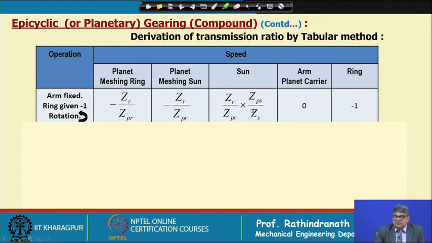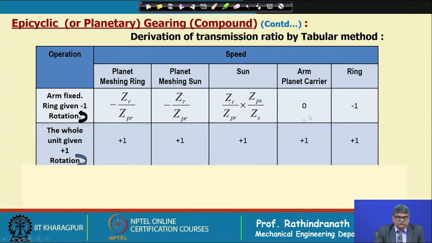That means it is clockwise, where plus means clockwise. The ring is rotating anticlockwise, and this will be clockwise. Now, we have kept the planet carrier fixed, so its motion is 0 and the ring is rotating at -1.